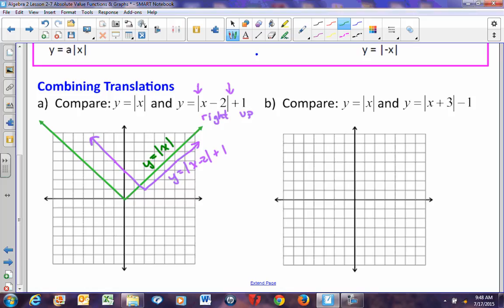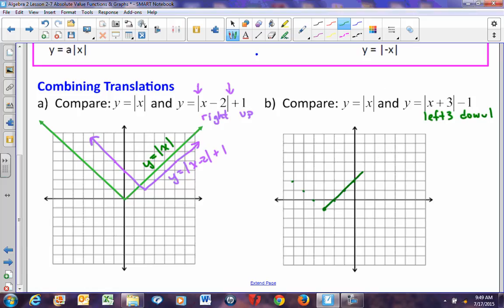Okay, let's take a look at the next one. Letter B here. I'm going to move left 3 and down 1. Well, I know the vertex is normally at 0, 0, so I'm going to translate that vertex 3 units to the left and 1 unit down. So here's where my vertex is. Now all I have to do is go up 1 over 1, up 1 over 1, and make mirror images on the other side.